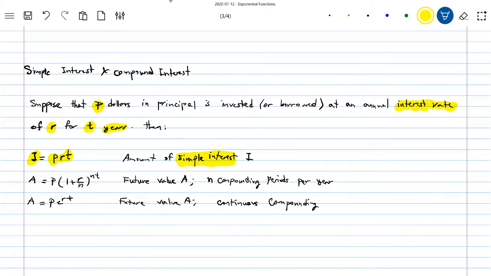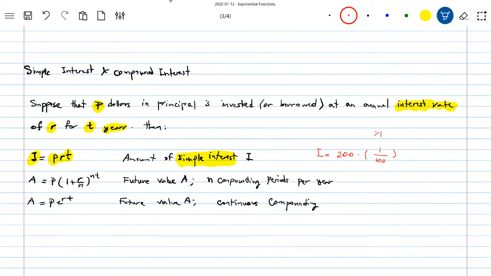The other way of interest is, let me show you an example. Let's say you have $200 and every year they give you 1% interest. So I'm going to write 200 multiplied by 1%. 1% is the same as 1 over 100.